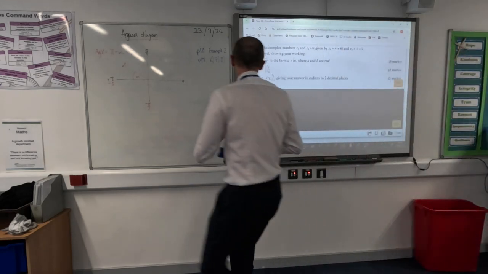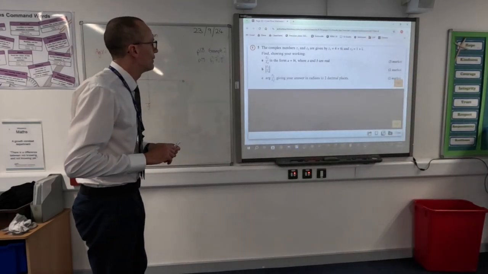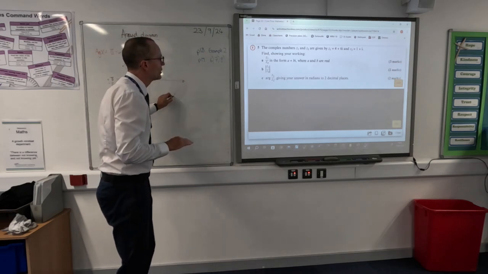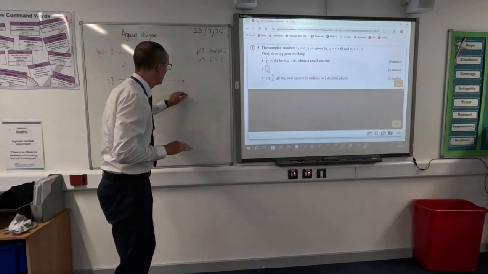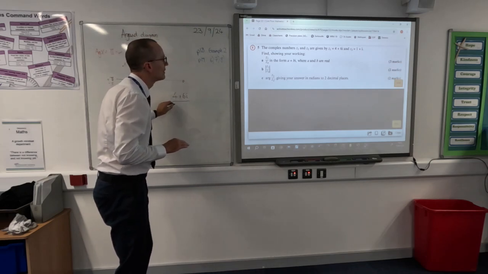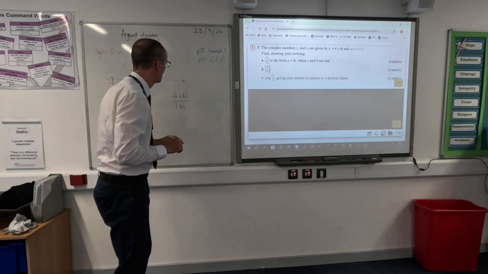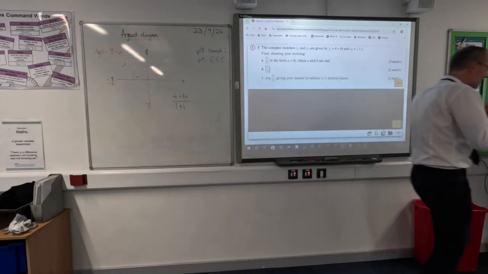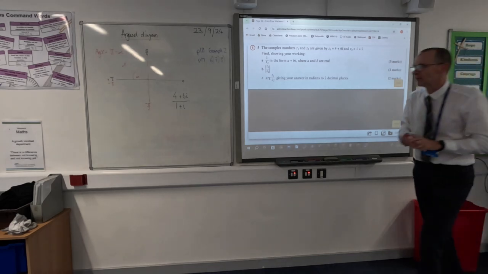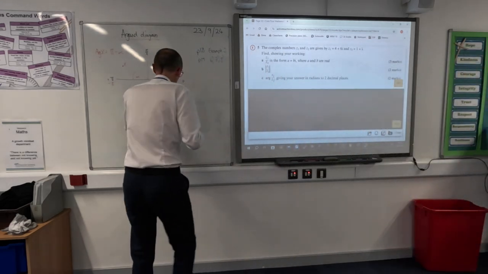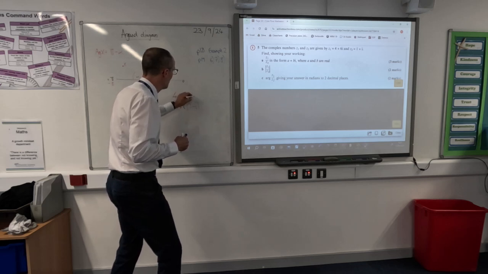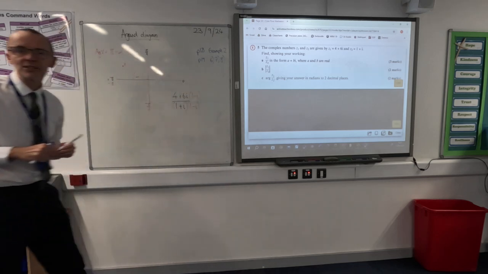Now, I haven't left myself with anywhere near enough time, but Z1 divided by Z2 is this calculation. And if I want to write that in a more easily understood form, as we dealt with the other day, all I do is multiply top and bottom by the complex conjugate of the denominator, which is a bit like rationalising a surd.